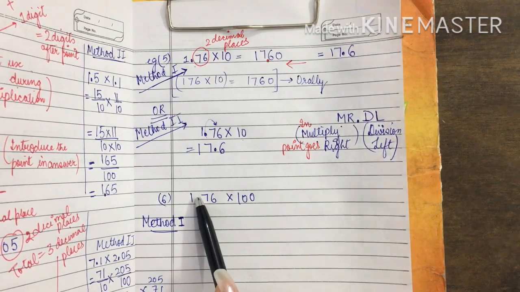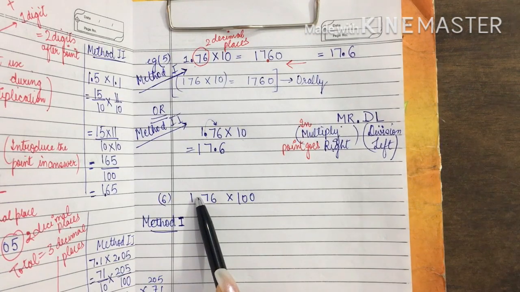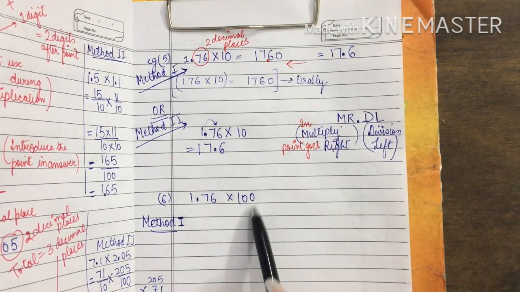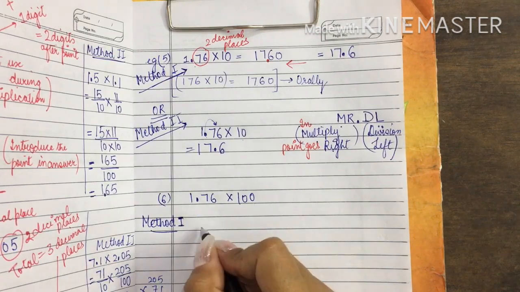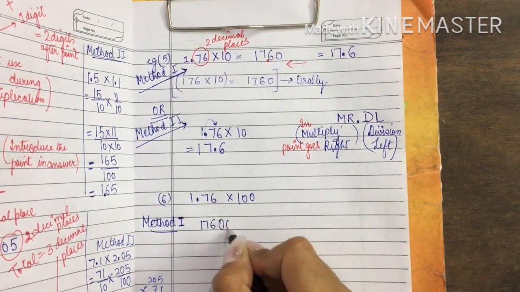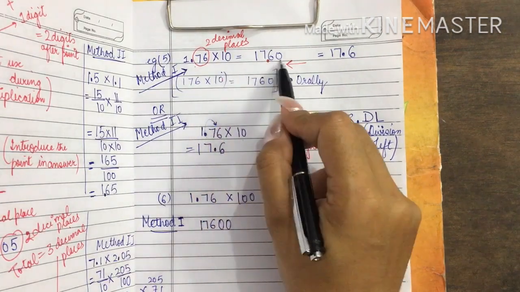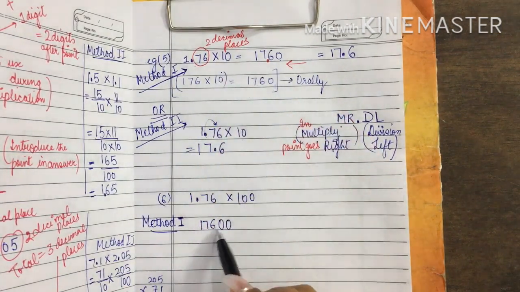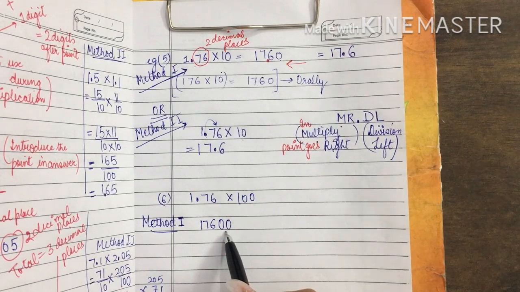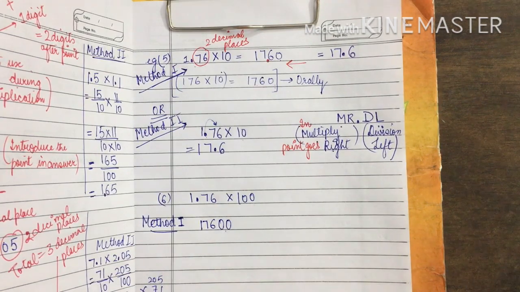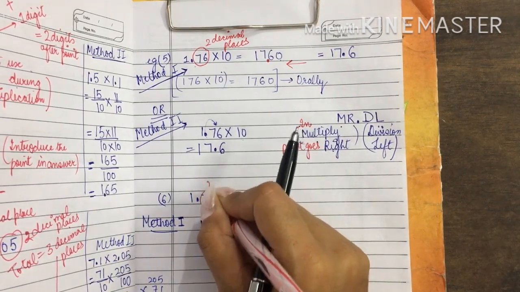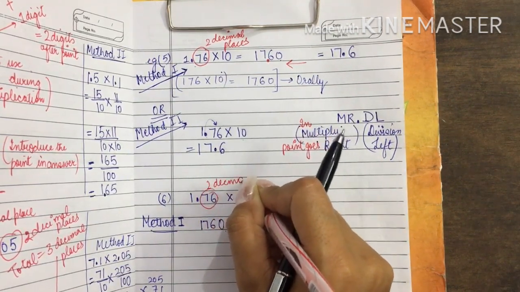So any number multiplied with 100, the answer will be the same number with 2 zeros at the end. So this will be 176 with double zeros at the end. When we multiplied with 10, there was 1 zero. When I multiplied with 100, now there are 2 zeros. Now it's time to put the point back. To put the point back, I will count the decimal places. So I've got 2 decimal places.